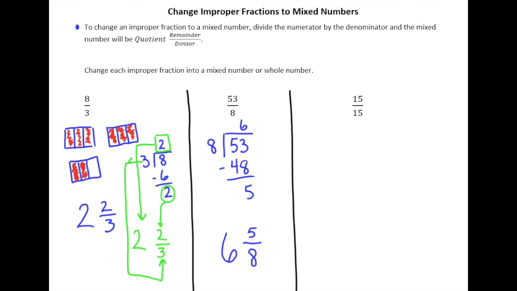It's no accident that we used to write division problems using this fraction bar as well. And so 15 over 15 is just 1, because 15 goes into 15 one time. So it's just one whole. And that's why, of course, it says change each improper fraction into a mixed number or whole number.